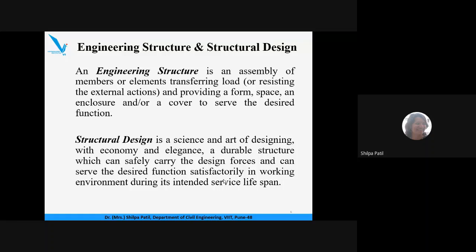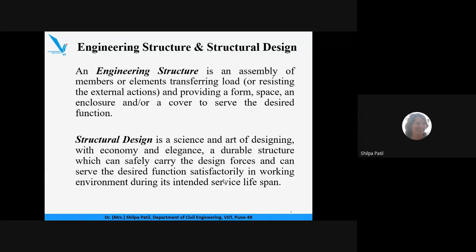If we have constructed a building for a mall or a stadium, it should serve that desired function satisfactorily. In working environment, again related to durability, whatever the exterior environmental condition, your structure should safely perform its function during its intended service lifespan. Normally, when we design any particular structure, the lifespan of the structure is considered as 50 years to 100 years.